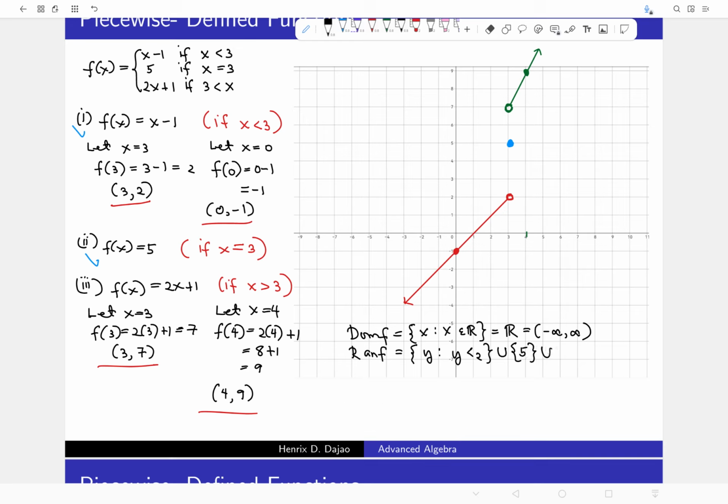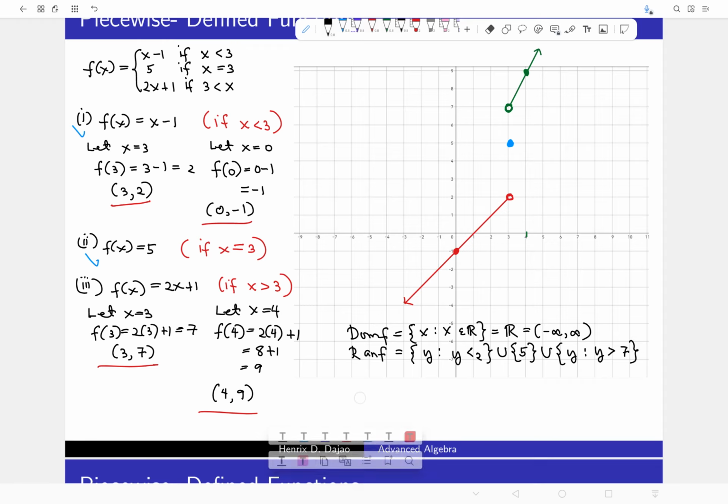And then we union it with all the numbers greater than 7. So all those y such that y is greater than 7. So this is the range.